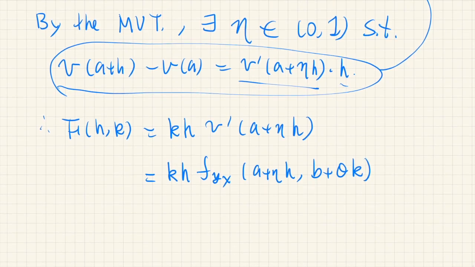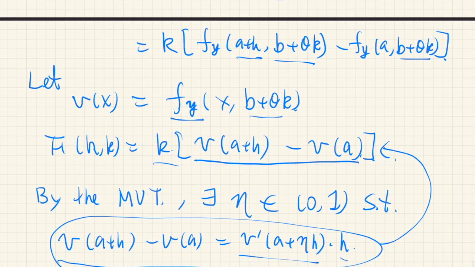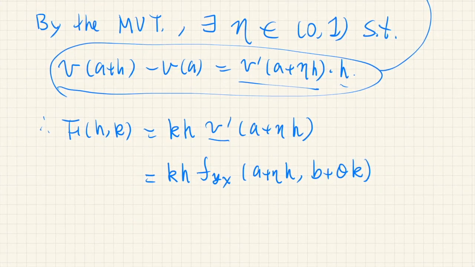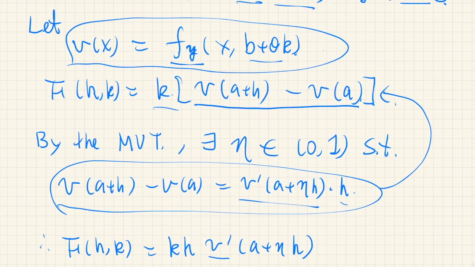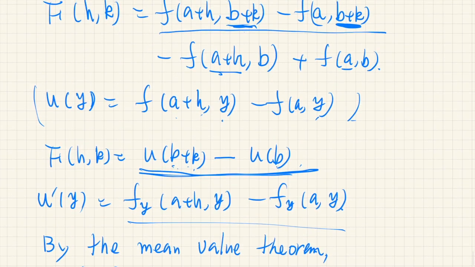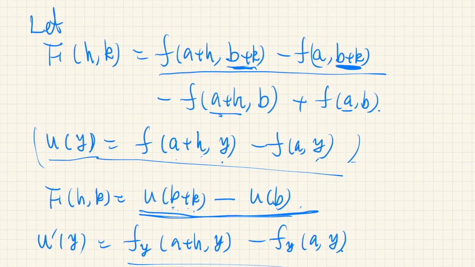So this is it. This v prime is the derivative of this one with respect to x. So here we have this one. Now let's review what we have done so far. First we introduced a univariate function of y as this.